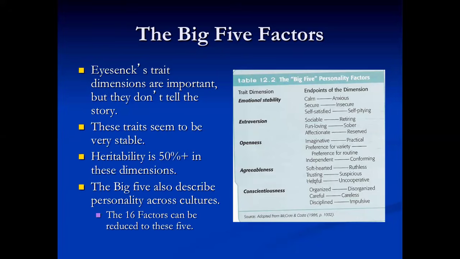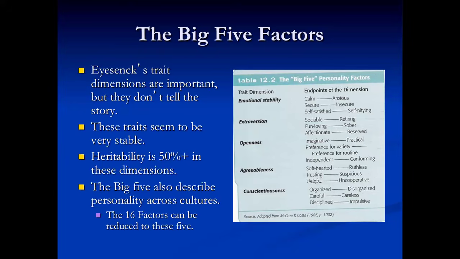So the big five, if you want a mnemonic, let's use the mnemonic of OCEAN: openness, conscientiousness, extroversion, agreeableness, and neuroticism. So on the graph on the right, where it says emotional stability, you're talking about neuroticism. Okay. So we do believe Cattell's theory has some merit, but it's incomplete, right?